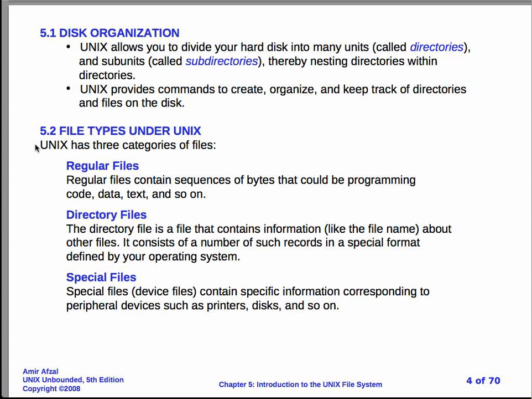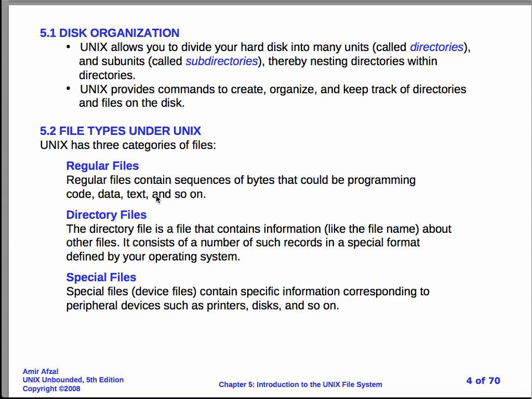There are three main categories of files. There are more, but let's just say for now that there are three of them. There are regular files. There are text files, like the ones that we used vi for. We said vi and a file name like xyz, and then it was just a regular file.